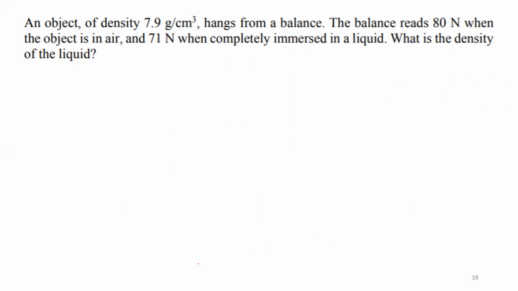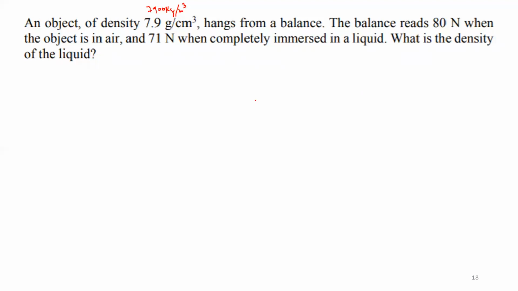So I am solving a lot of problems about this, but they're important. Here we have an object of density 7.9 gram per centimeter cube, so you know that it will be 7,900 kilogram per meter cube in SI units.